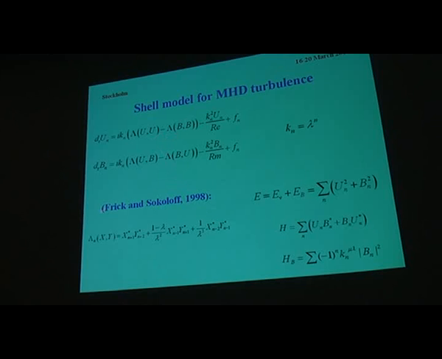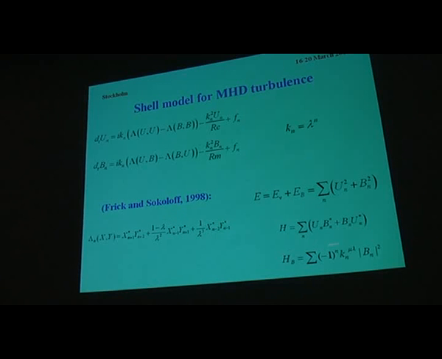This is the general form of the shell model for MHD turbulence. It is a model for MHD turbulence similar to the very popular one for normal turbulence, the so-called GOY model.